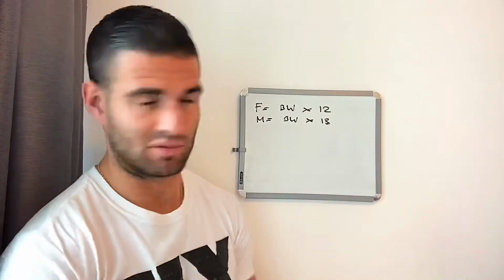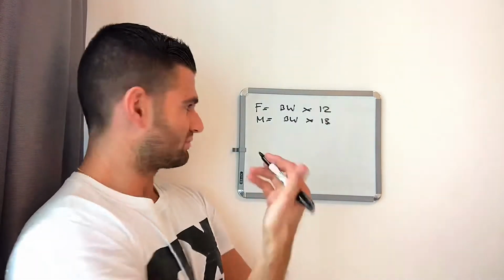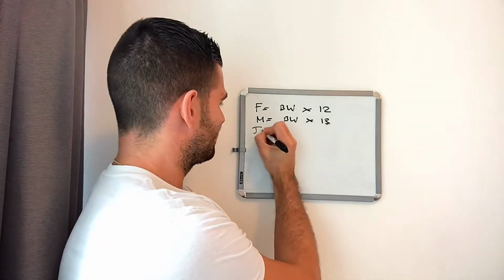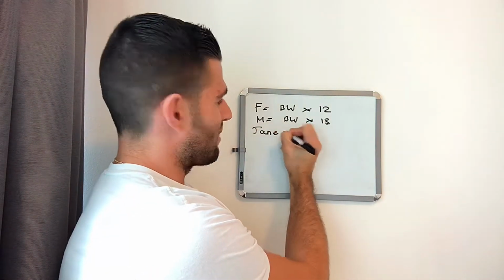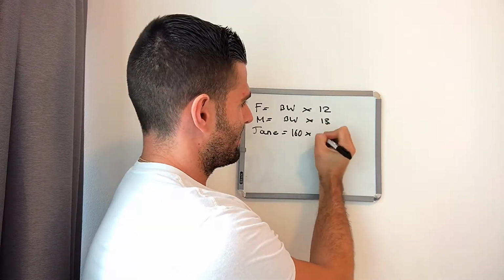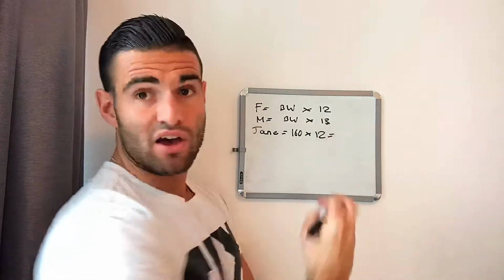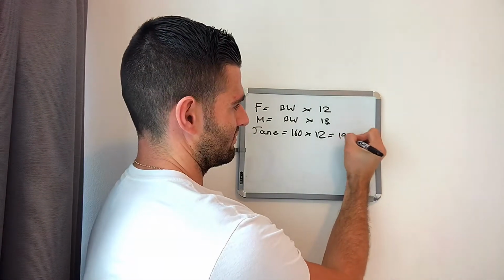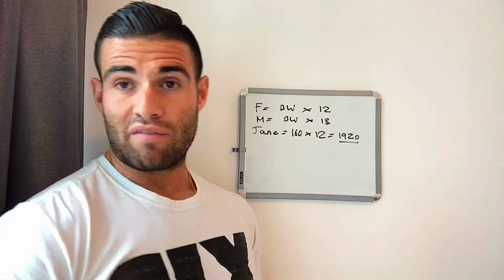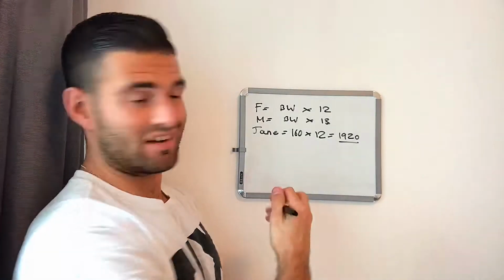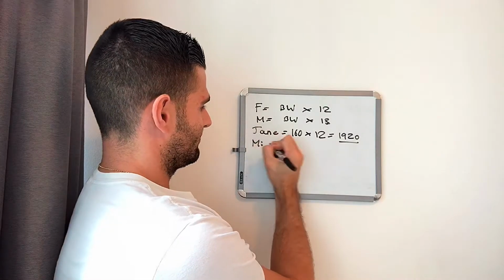So let's do some examples. We have our female, let's call her Jane. I don't know why, but let's call her Jane. Jane weighs 160 pounds, times 12. Her starting calories would then be 1,920. Let's take our guy, we'll call him Mick.